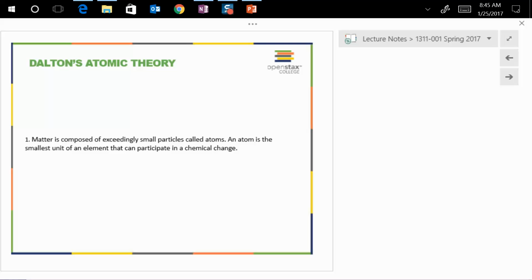When we talk about the atom, it's good to understand the history of how this idea of the atom even came about. Early philosophers, Aristotle and others, had ideas that matter, the stuff around us, is made up of tiny particles. But nobody could really substantiate that until Dalton came around and started to do experiments to identify these parts of matter.